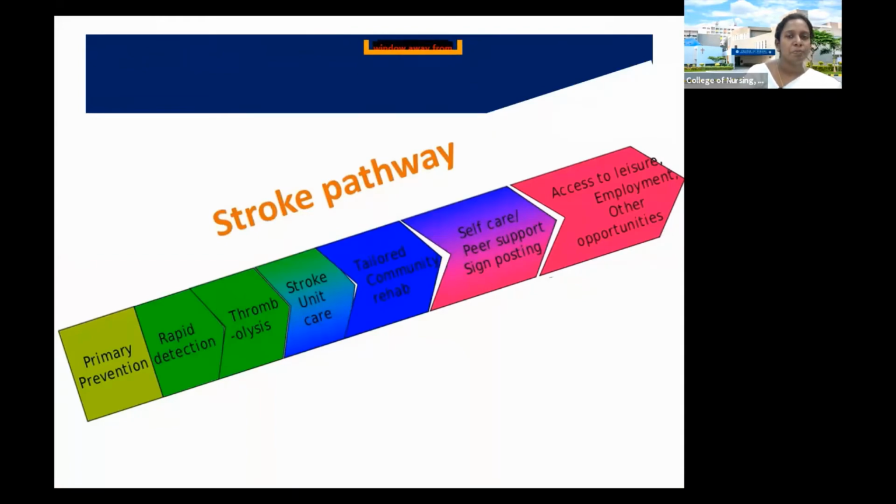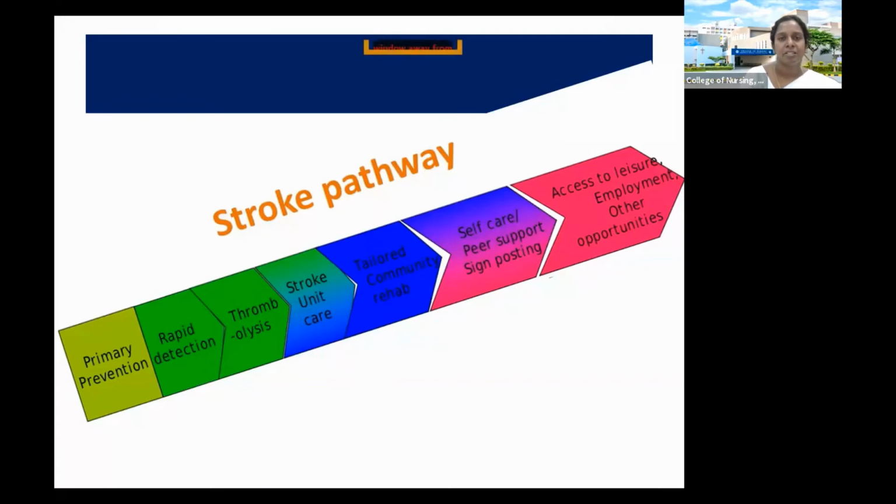Our main aim is primary prevention, which has to be done when we know the risk factors like hypertension, diabetes, cardiac-related disorders, dyslipidemia, smokers, alcoholics, sedentary lifestyle. All those have to be addressed in the primary prevention. But if patients have come with stroke, rapid detection is required.